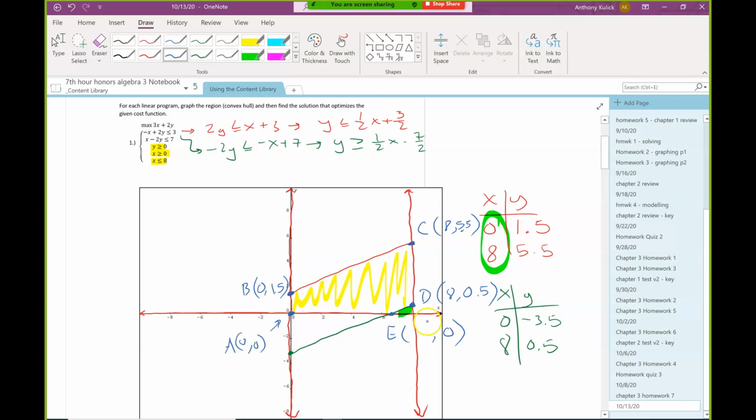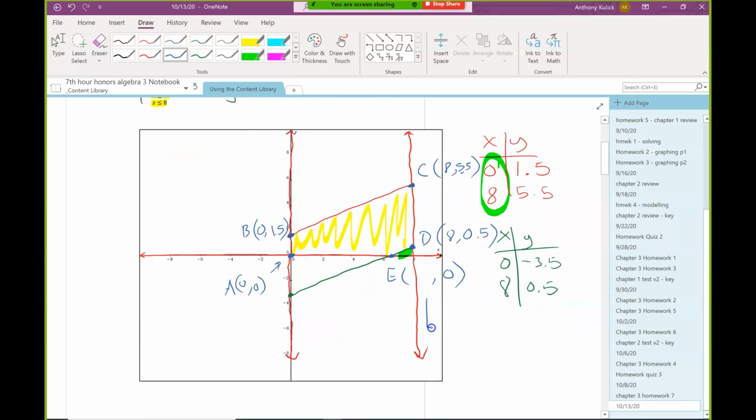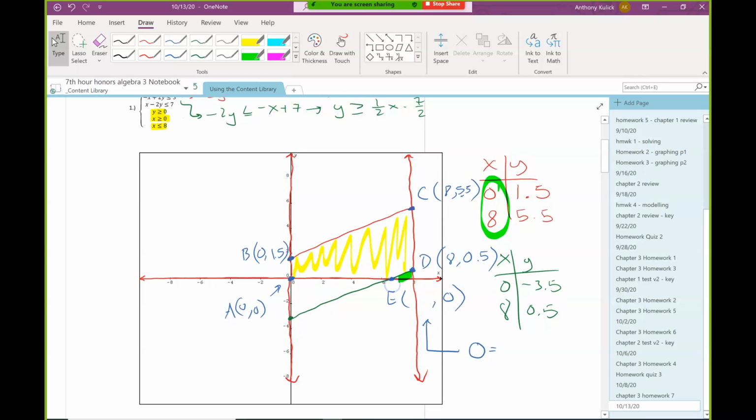Okay, so to figure out this x-coordinate here, all I'm going to do is plug in 0 into the y value for the equation corresponding to that green line. Everybody's okay with that?